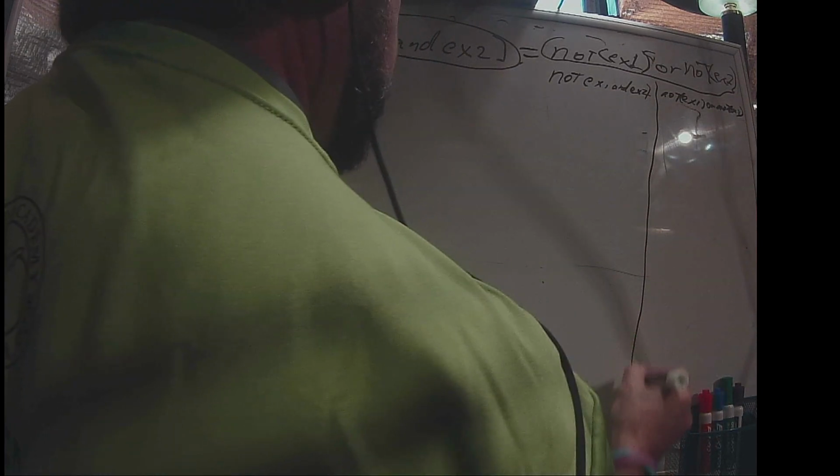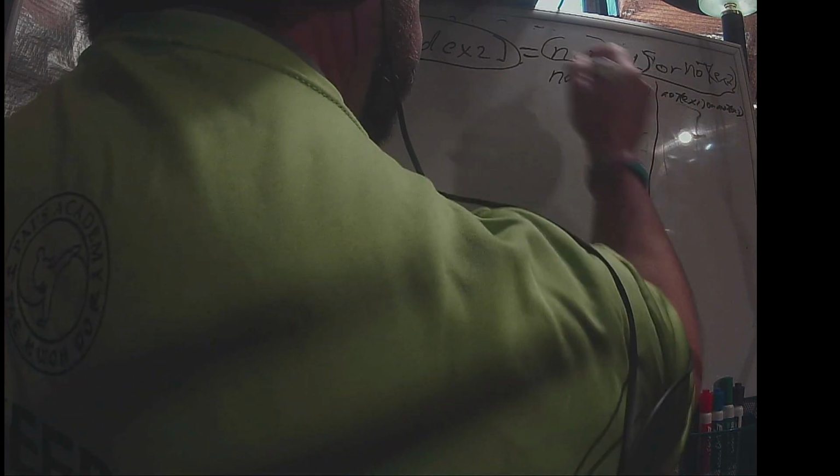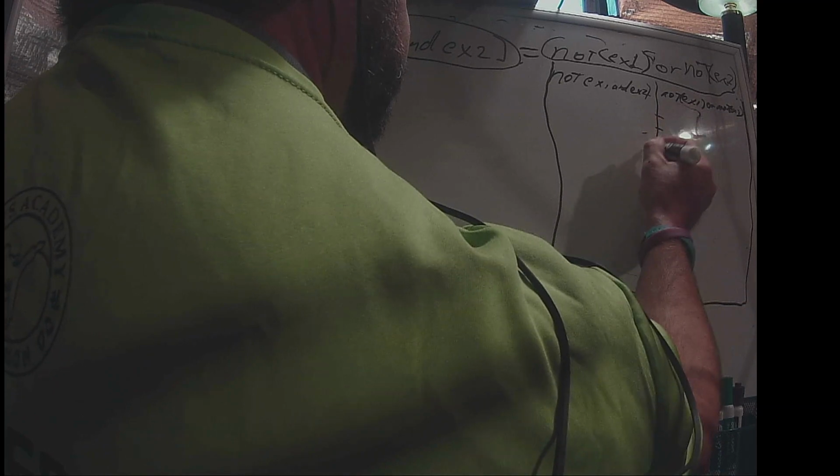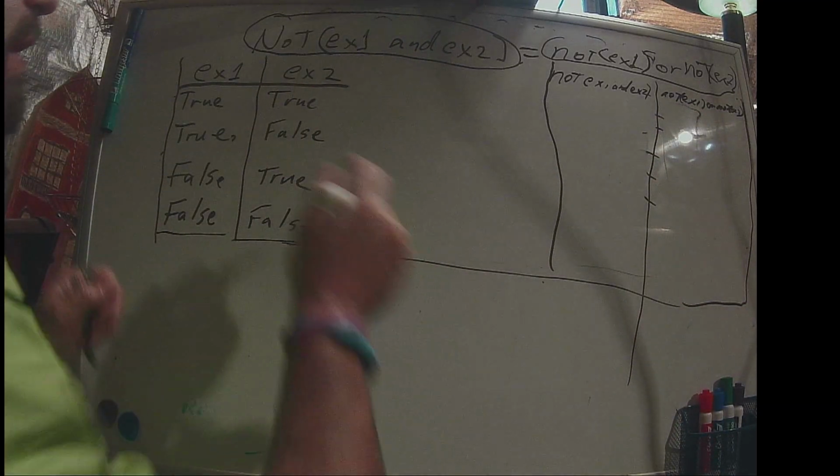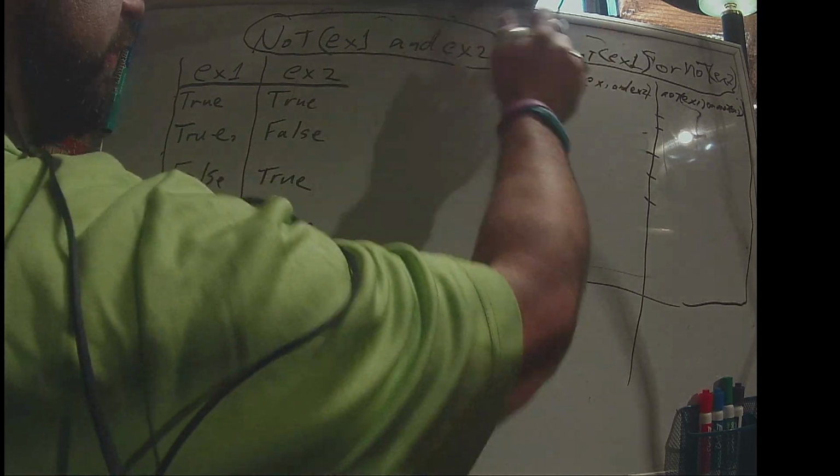And we want to show that these columns are identical. If these columns are identical based on the input of EX1 and EX2, then this statement is true.